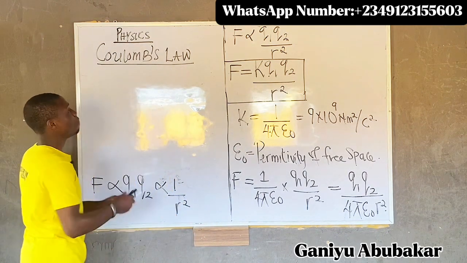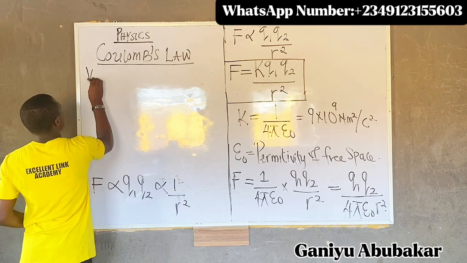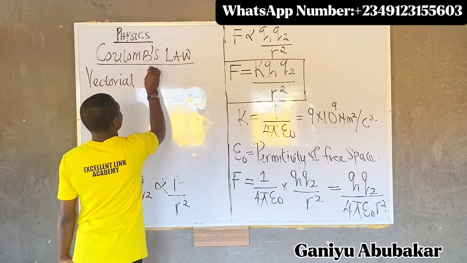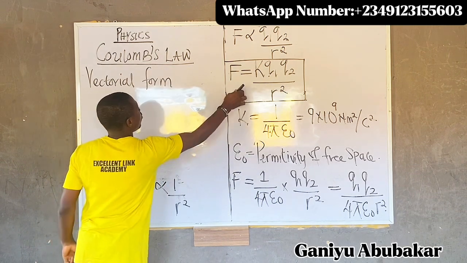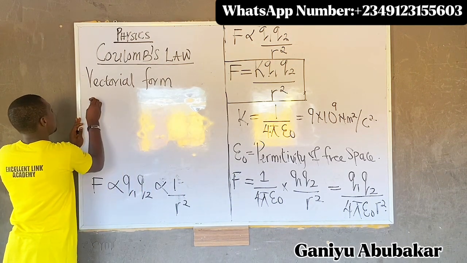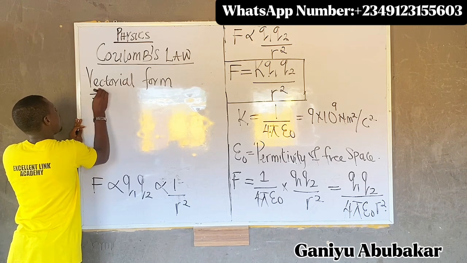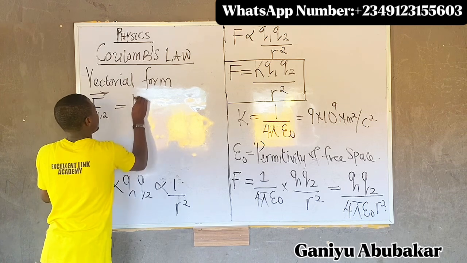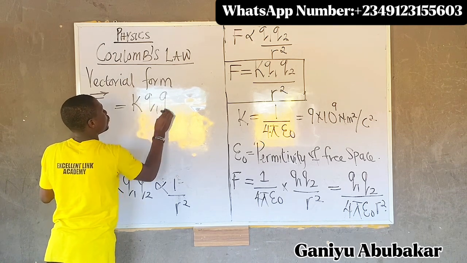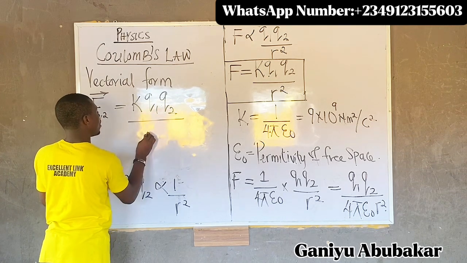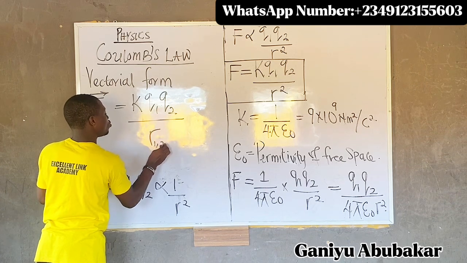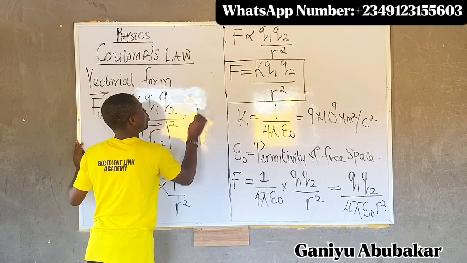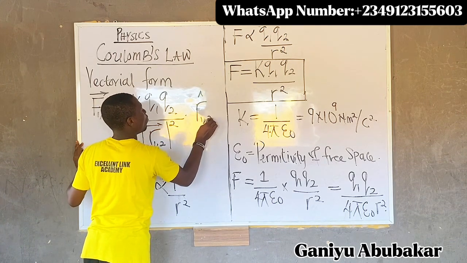But in vector form, Coulomb's law can be expressed as F12, the resultant F12, is equal to K Q1 Q2 all over the magnitude of R12 all squared, times the unit vector of R12.